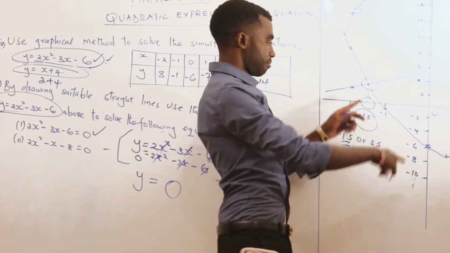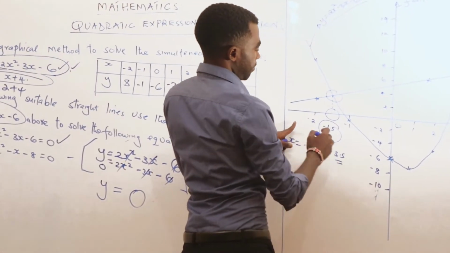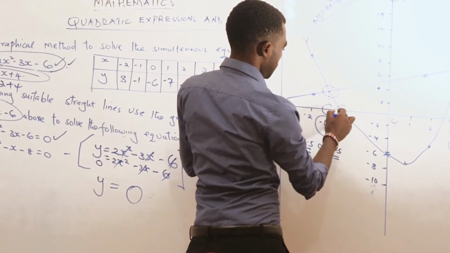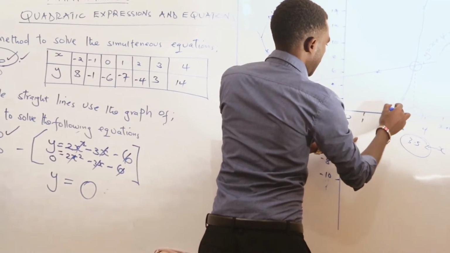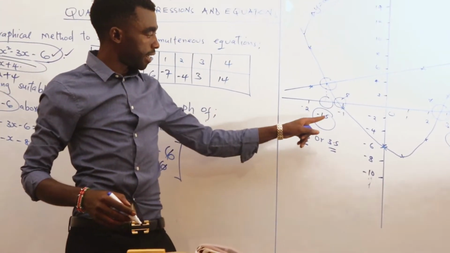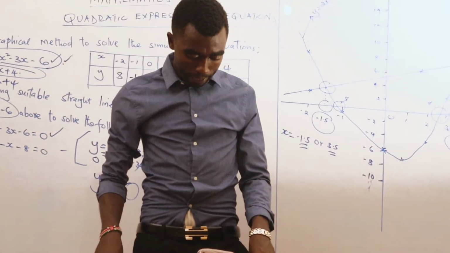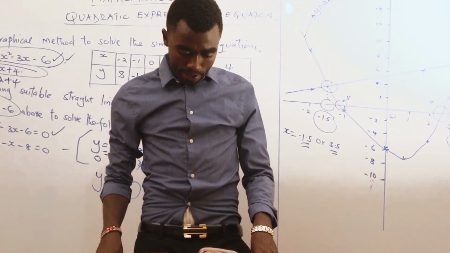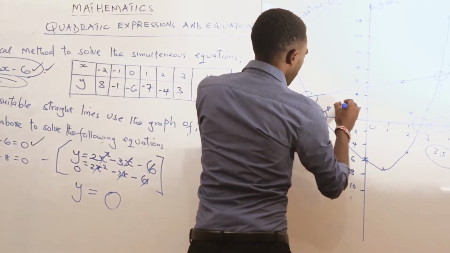So we come to a graph there. This is the x-axis. It cuts the curve at that point, and it cuts our curve at that point there. And what are the solutions? For the negative side here, the x-axis cuts the curve at negative 1.2.